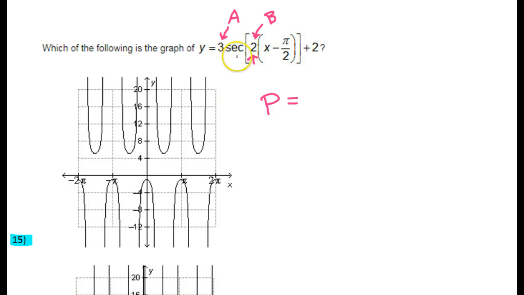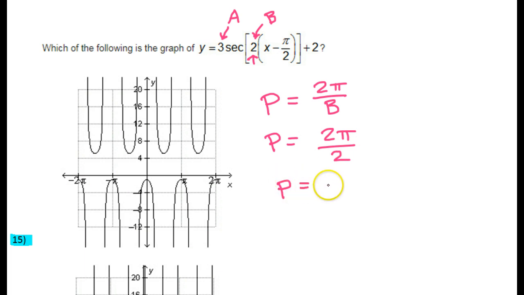For sine, cosine, secant, and cosecant, the period is always going to be 2 pi divided by the B value. So in this case, the period is going to be 2 pi divided by 2. So that means that the period is going to be pi.